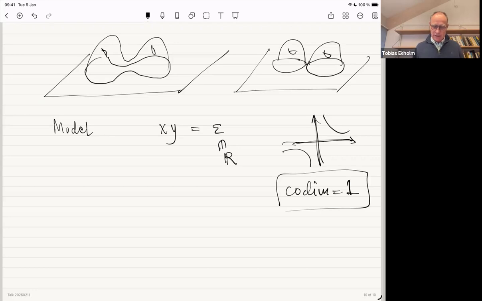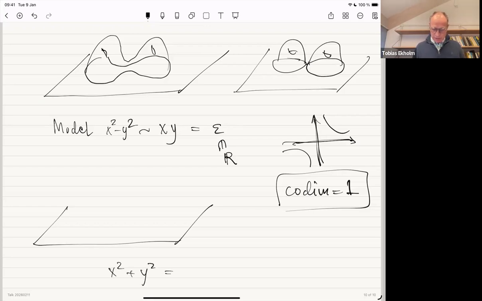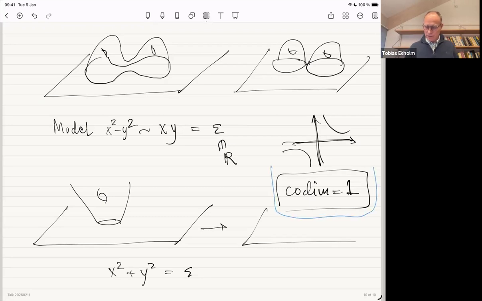On the other hand, there is another such instance, because we're doing real stuff, there is the other model, which is x squared plus y squared equals epsilon. Then we have some boundary in some curve, and it's shrinking away.